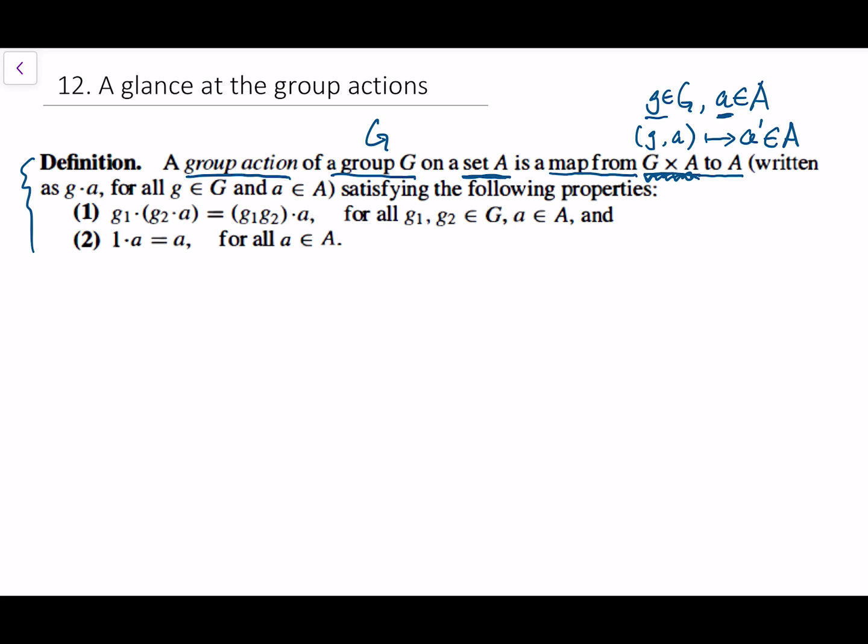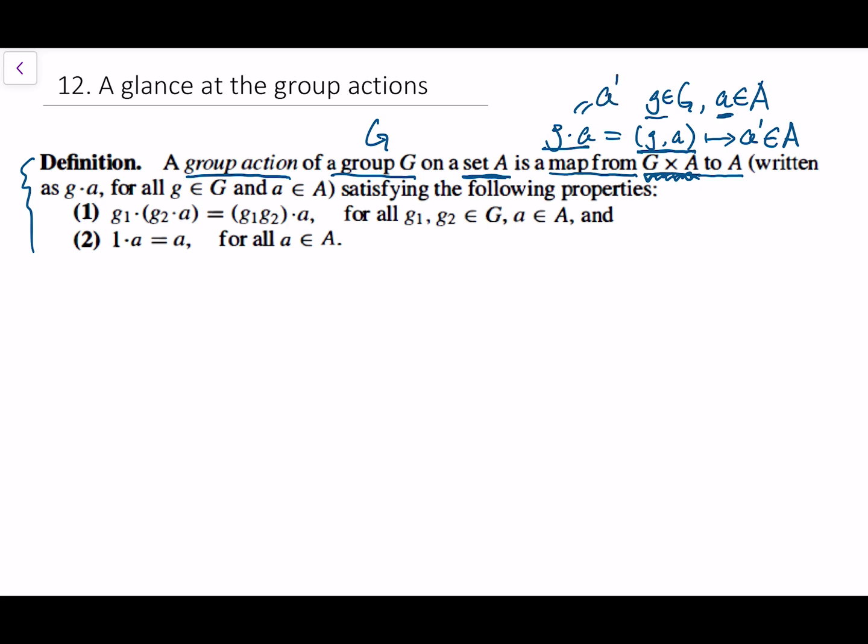And sometimes we write this action as g dot a to denote this ordered pair. Because this maps the ordered pair to a prime, by this notation we mean that g dot a equals a prime.